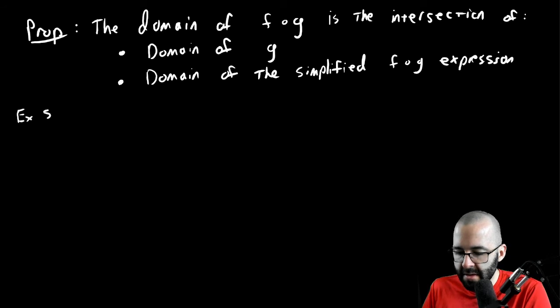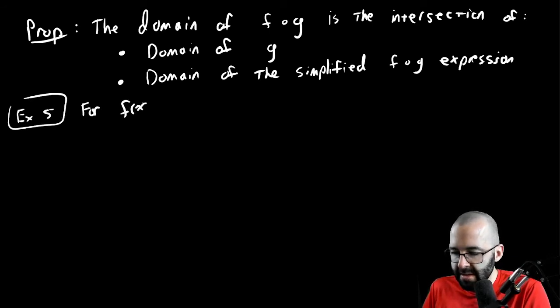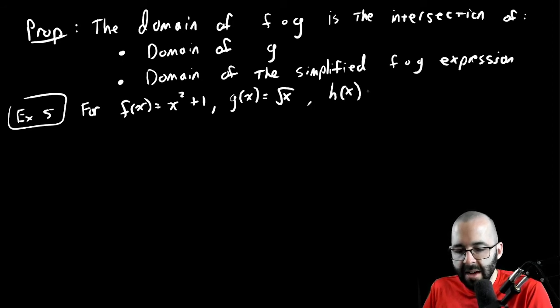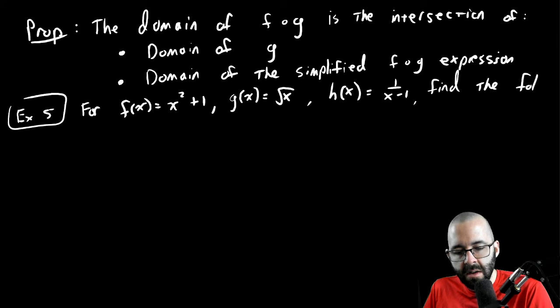Example 5. For f of x equals x squared plus 1, and g of x equals the square root of x, and h of x, let's add another function in here, why not? 1 over x minus 1. Find the following. I keep writing off the screen. And their domains.